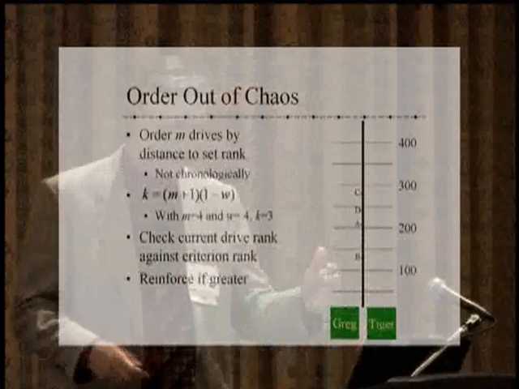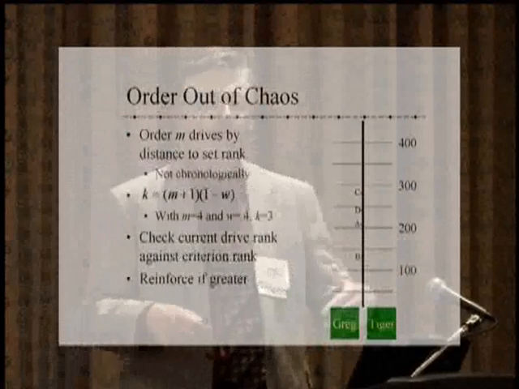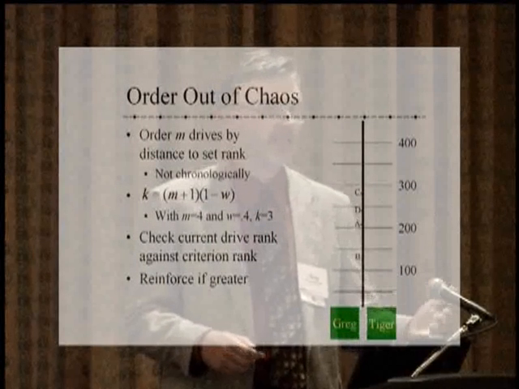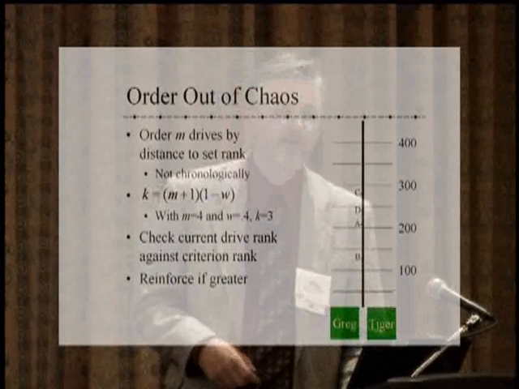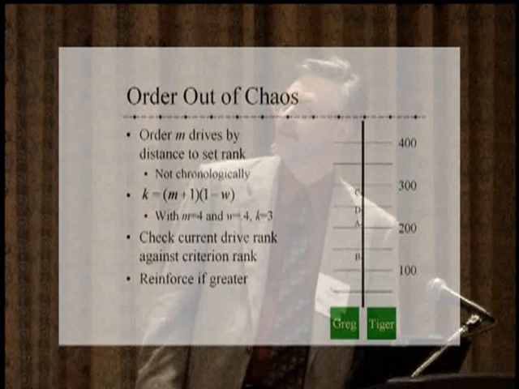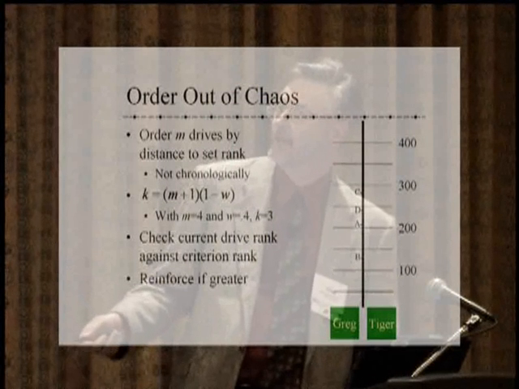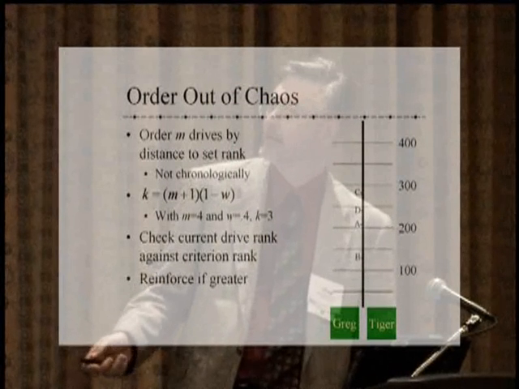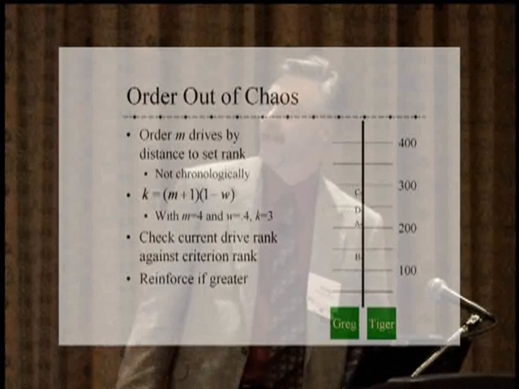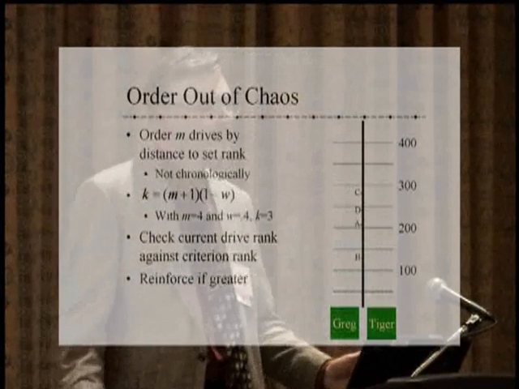Percentile schedules, the first thing you do is order the drives by the distance, or whatever dimension you shape, not chronologically. So I may go out to the tee and hit a drive 210 yards, flub one 140, hit a fairly decent one 280, and a fourth one 240.